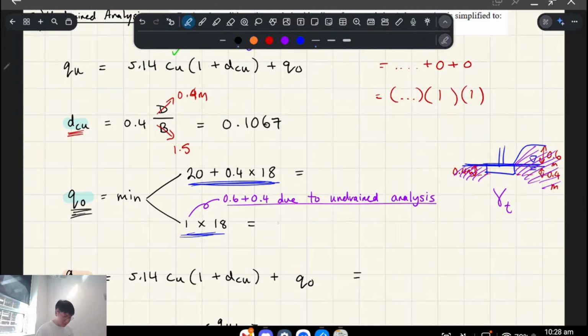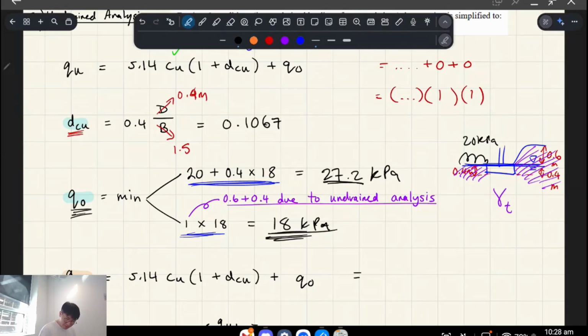So 1 times 18, which is gamma T, is 18. And then we've got the surcharge, remember, on the left of 20 kPa. So that's what the thing is on the top here. Okay, so we're taking the minimum, and the minimum here is going to be 18 kPa, right?